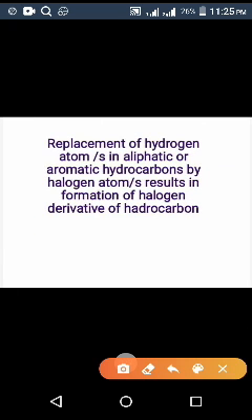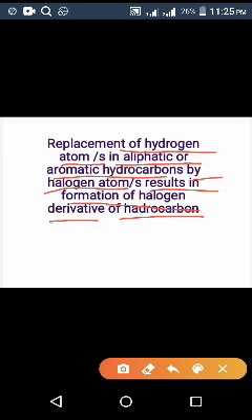What is meant by halogen derivative? Replacement of hydrogen atom or atoms in aliphatic or aromatic hydrocarbons by halogen atom or atoms results in the formation of halogen derivatives of hydrocarbons. For example, when methane undergoes a chlorination reaction, it forms methyl chloride.